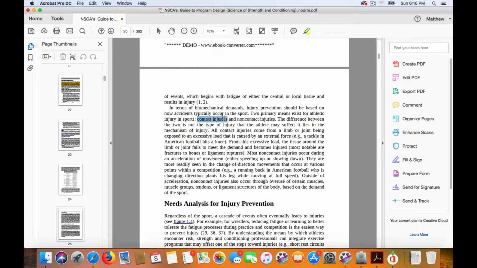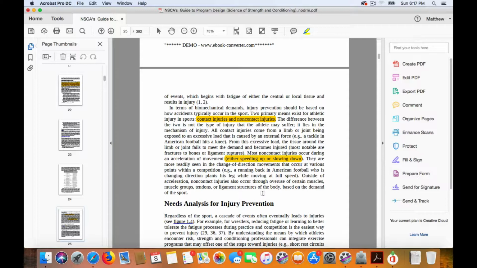So they go through the two main types of injuries: contact injury and non-contact injury. One is from an external force, and the other is during acceleration of movement, so either speeding up or slowing down. These are more readily seen in change of direction movements. For example, a running back in American football who is changing direction plants his leg while moving at full speed.